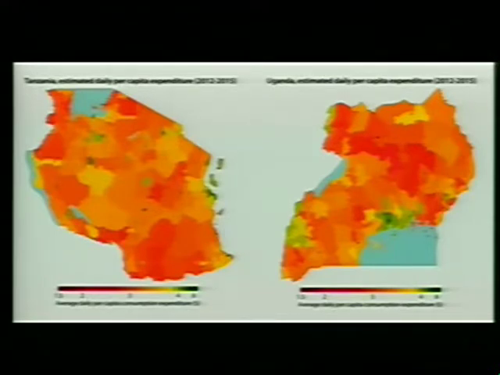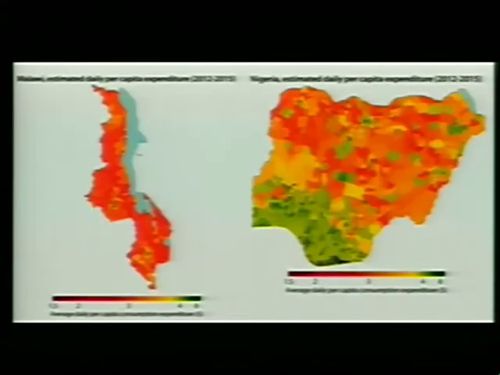When you aggregate them up to the district level, it starts to look more coherent, as you can see here. This is Tanzania and Uganda. And another example: Malawi is on the left, and Malawi is one of the poorest countries in the world. Nigeria is on the right, and I've never actually been in these places, but from what they tell me, Nigeria is much better off than Malawi, especially in the south where there are, I guess, abundant natural resources.